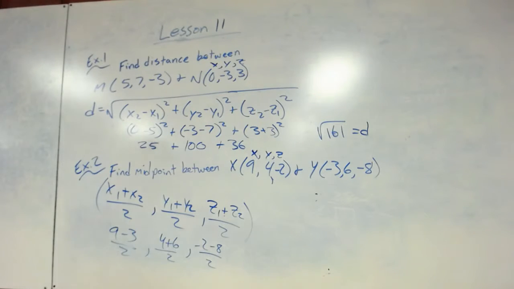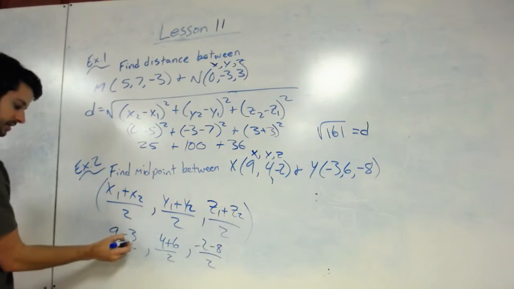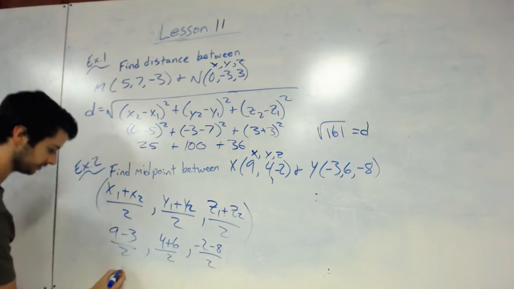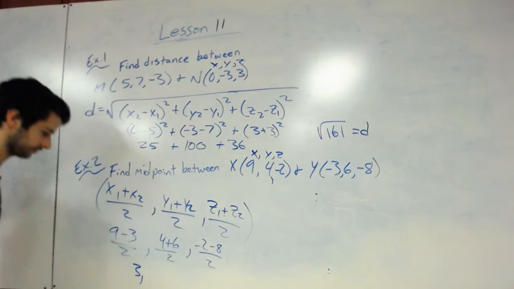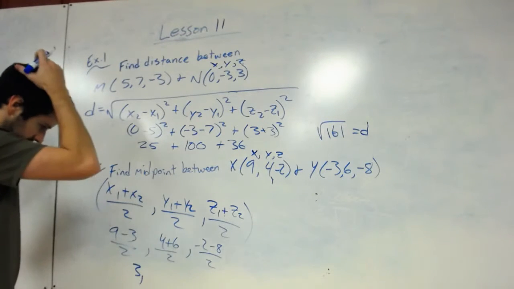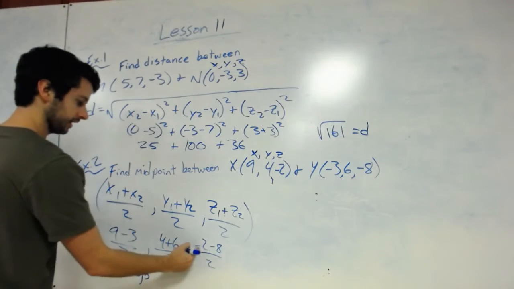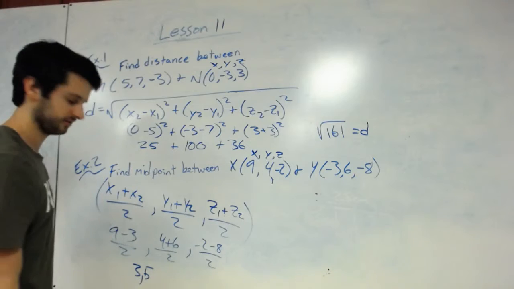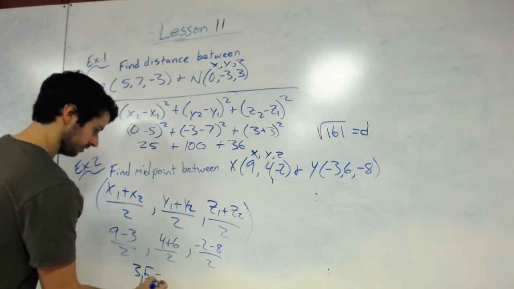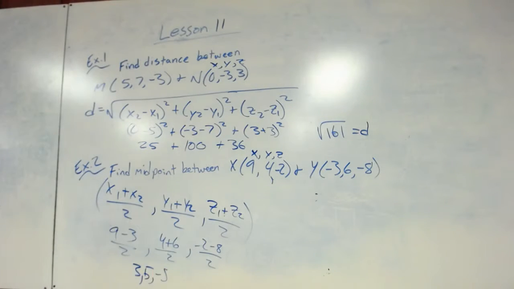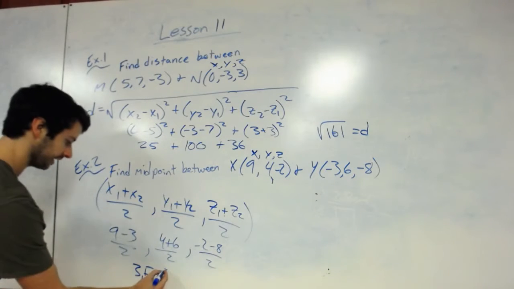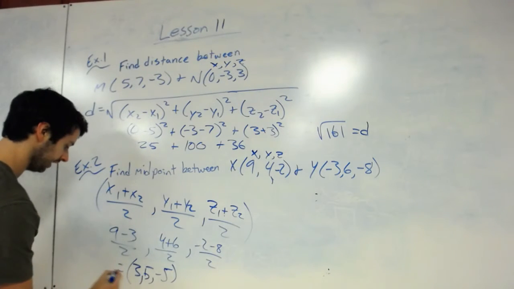And so then when you solve, you get 9 minus 3 is 6 divided by 2, that's 3. 4 plus 6 is 10 divided by 2, that's 5. Negative 2 minus 8, negative 10 divided by 2, negative 5. So 3, 5, and negative 5 would be your midpoint.